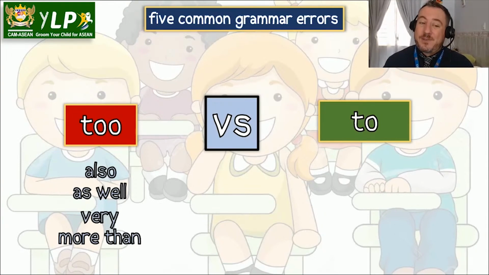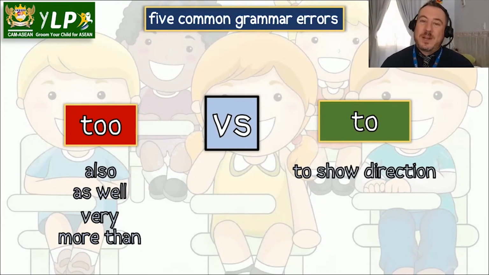The red too on the left, we would pronounce as too, but the green to on the right, we often pronounce as t. Now, there are many, many different meanings of this to in English. We could spend a very long time talking about the different ways that it is used. But just today, because we don't have time, we'll just look at a couple of ways it's used.